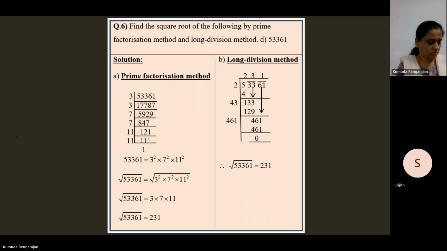Ma'am? 11649. Ma'am, can I check the answers for all, ma'am? Can you show, ma'am? No, only these two questions were given as homework. You want the answer images of all the subdivisions for question number 6, is it?